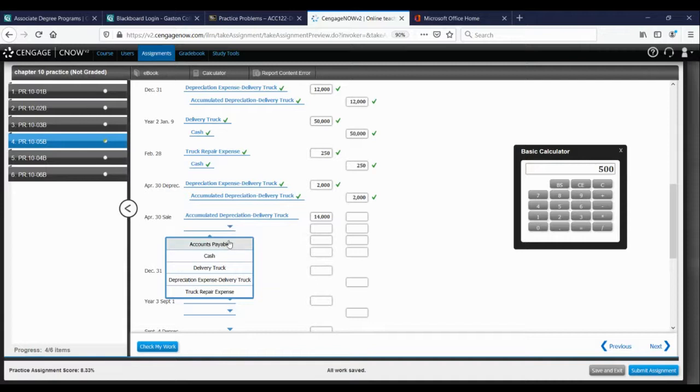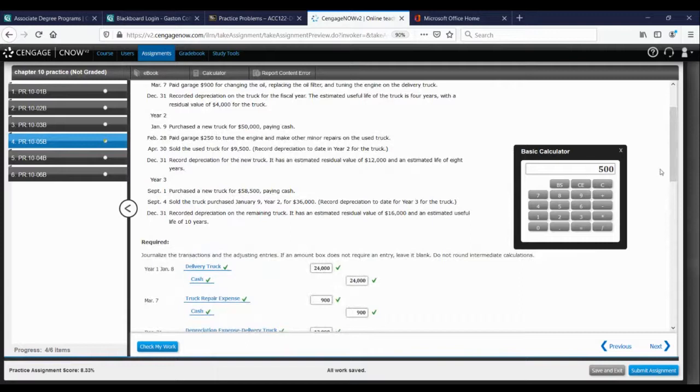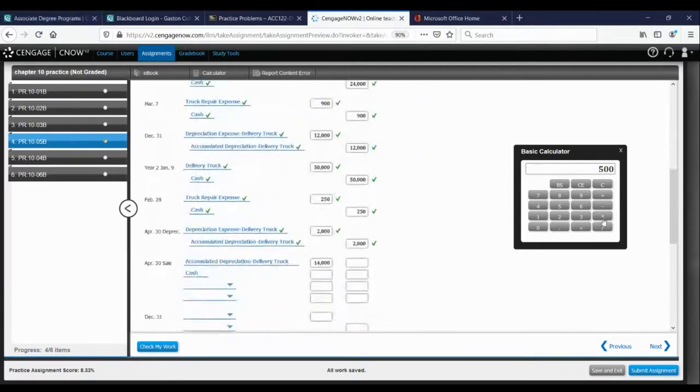You would also debit, this time they gave us a cash to use, so the cash amount would be what we sold the asset for, and in this case we sold the asset for $9,500. So cash is going to be debited for $9,500. Also, we determined that there was a loss on the sale of the asset. What you have to remember about losses is that they're treated like expenses. They're going to go up on the debit side. So the amount of that loss we calculated was $500.